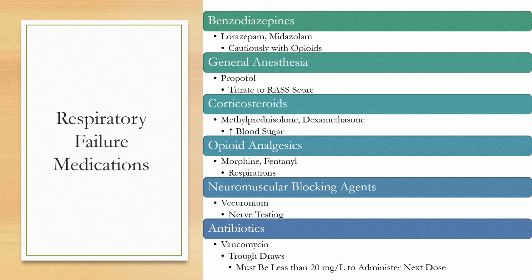Corticosteroids. Well, inflammatory conditions, right? So someone is failing because they have severe asthma or severe COPD and they can't maintain ventilation or oxygenation. Well, let's see if we can get some of the inflammation out of their lungs with one of the corticosteroids. Methylprednisolone is IV. Dexamethasone can be IV or oral. Okay, so those are just steroidal anti-inflammatory drugs.